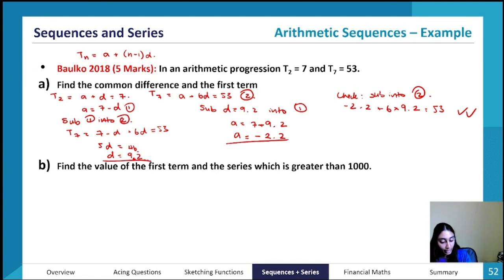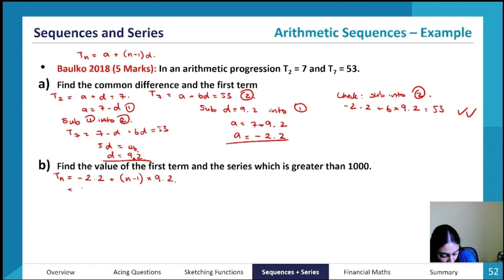Okay. The next question is to find the value of the first term in the series which is greater than 1,000. Okay. So let's do the actual equation first. So Tn is equal to A, so negative 2.2 plus n minus 1 times 9.2. I'm actually going to expand these brackets.